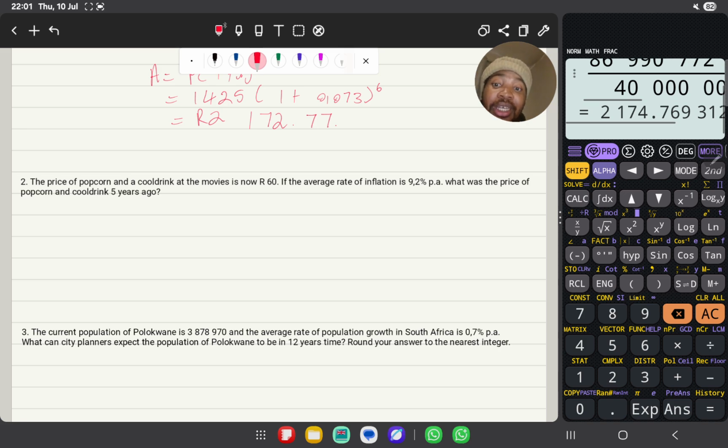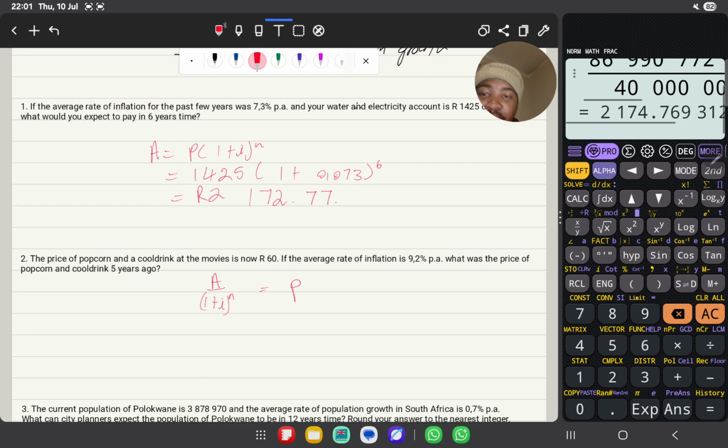We are looking for P. This is A, how much it is now. We're trying to find how much it was back then. So the formula for P is A over (1 plus i) to the power of n equals P. You just divide by this whole bracket, then you get your P.